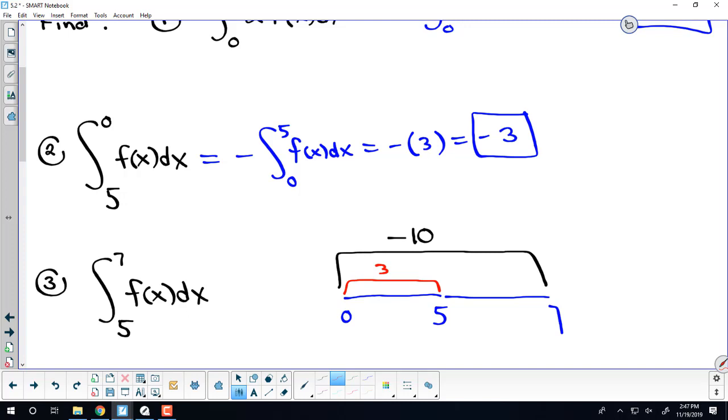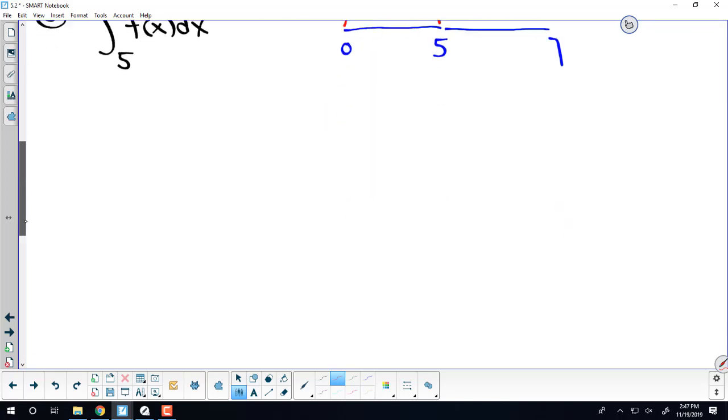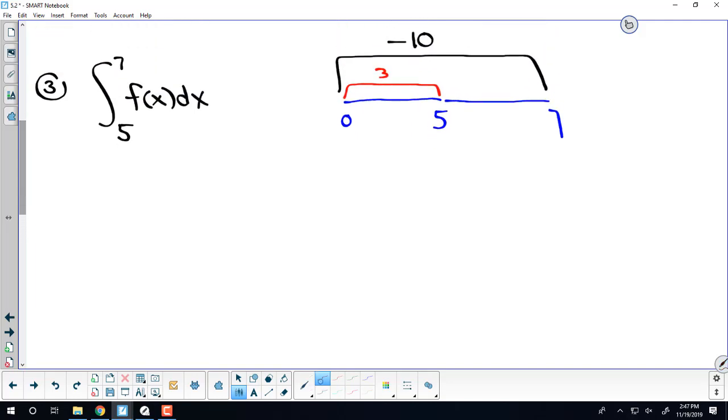Or we would say, since that area is below, it's the net area from 5 to 7. It's actually neither. It's not the difference and it's not the sum, because we don't have a graph. Notice the integral from 0 to 7 just tells us the net area, so the net area from 0 to 7 has to be -10.